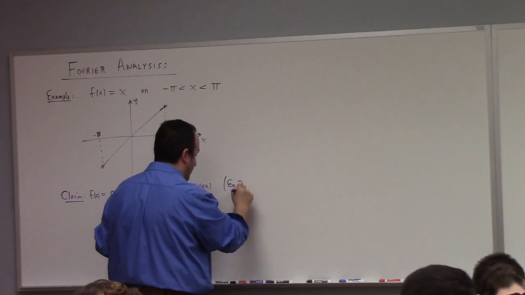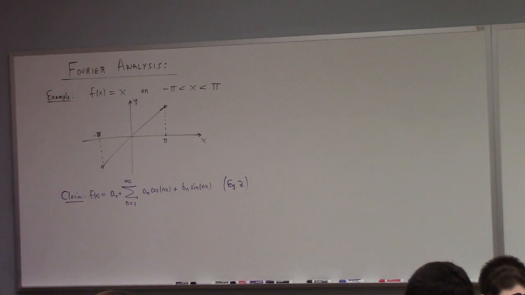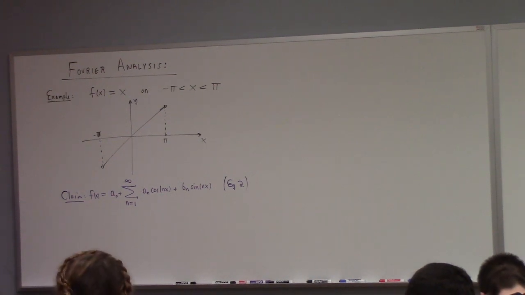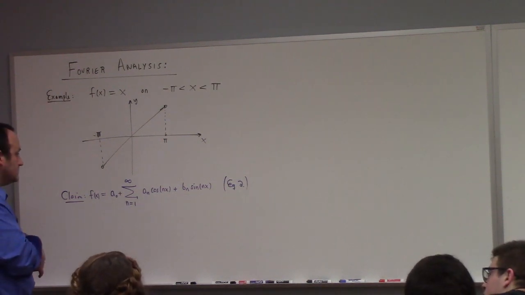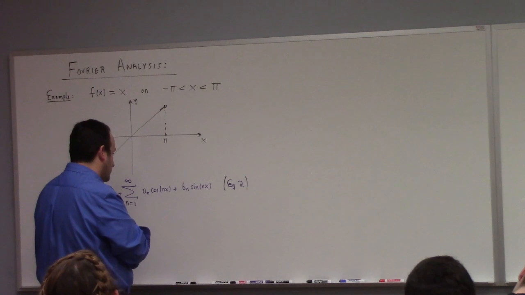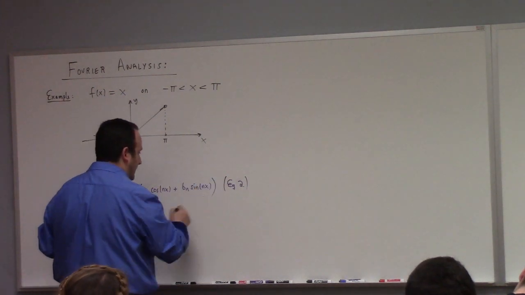So this is the idea that we can build f of x equals x using a sum of sines and cosines somehow. There are some parentheses here.